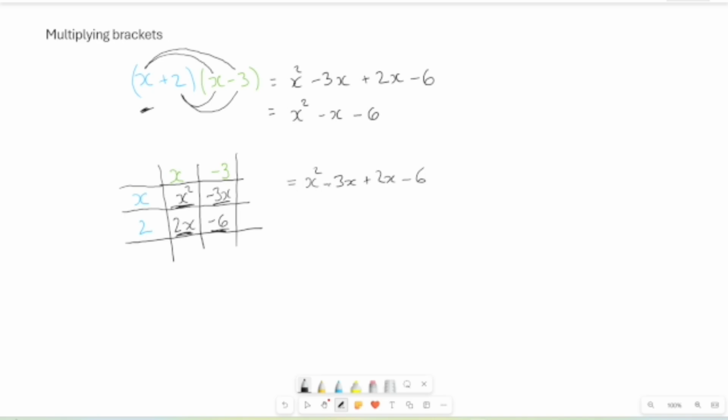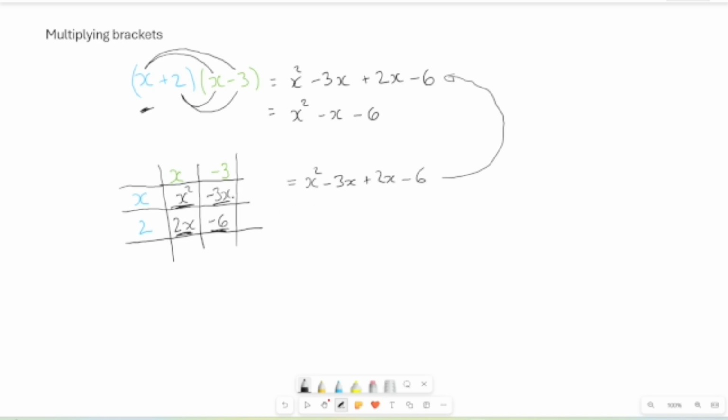And what you'll see is this line here is exactly the same as that line there. So if I simplified that, which I won't bother doing because we're going to get the same answer as before. So that is the grid method.